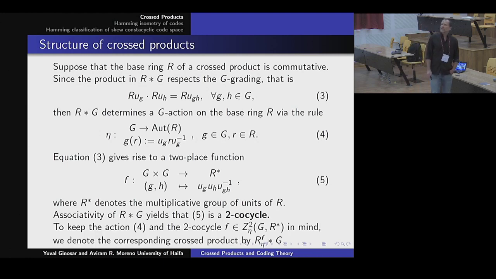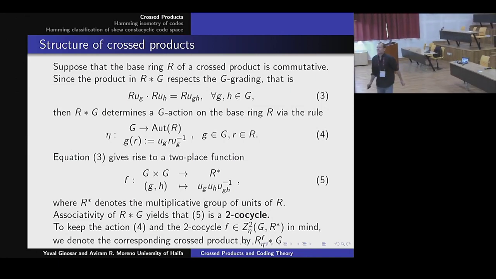To keep the action and the cocycle in mind, we denote the corresponding cross product by, not just by R star G, we write R_f^eta star G. And in the cohomology, we will write the action eta as a subindex.